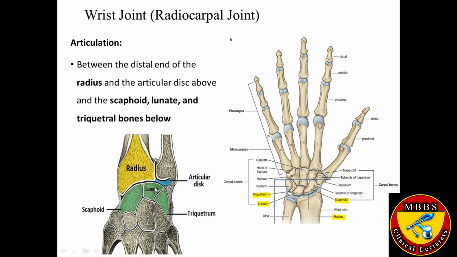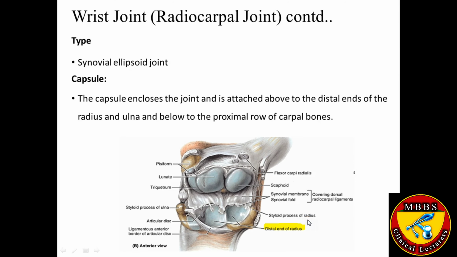Triquetral, lunate, and scaphoid are on the below side, and the radius is on the above side, as you can see in this picture. This is the radius, the articular facet for the radius, the articular facet for the scaphoid, the lunate, and the triquetrum.